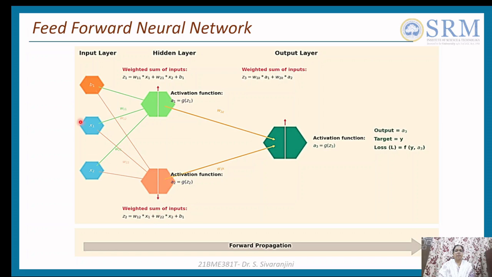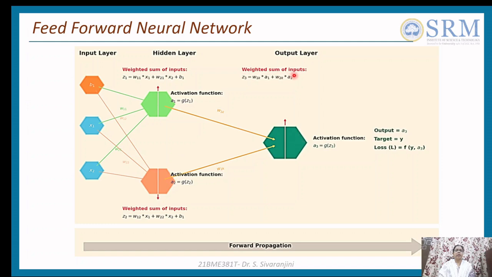Similarly, the weighted sum of inputs for Z2 is calculated. Z2 will be W12, the weight for X1, and W22, the weight for X2, plus B, and then it is transferred to the activation function. The outputs A1 and A2 are then passed on to the output layer.